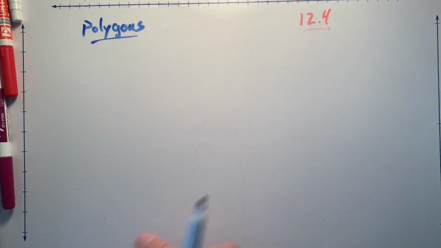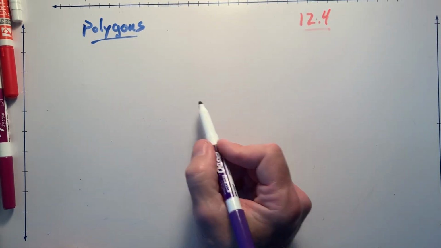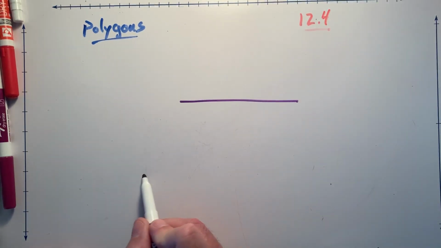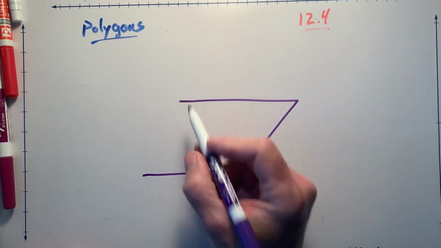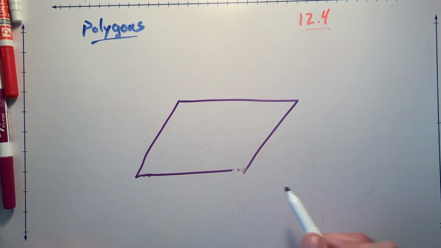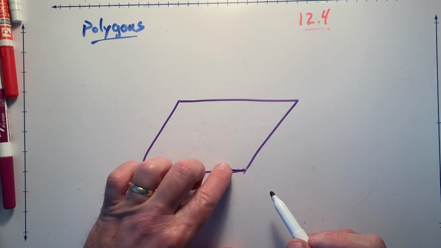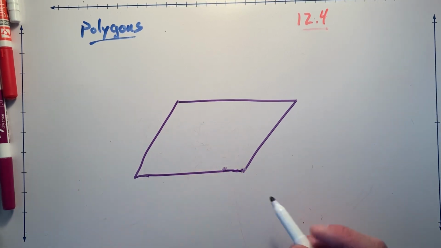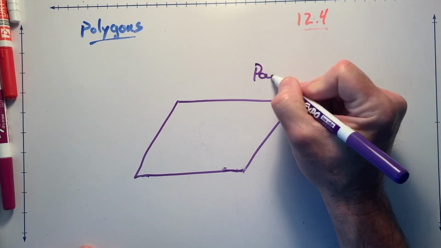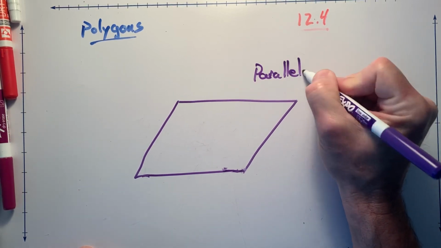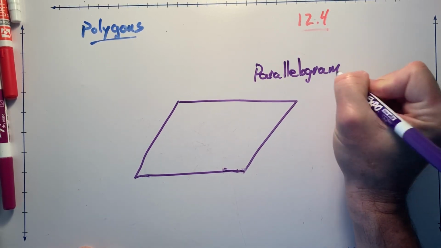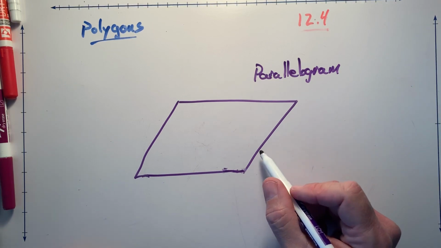of our polygons. In this case, let's take a look at this shape right here. In this shape right here, this is called a parallelogram.